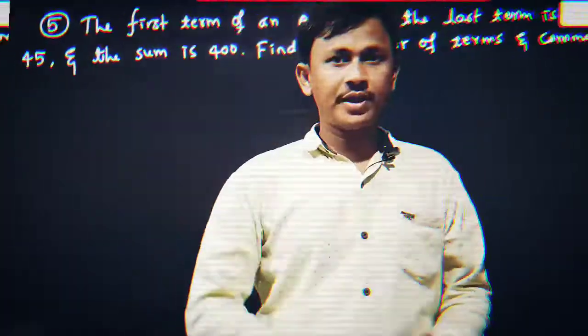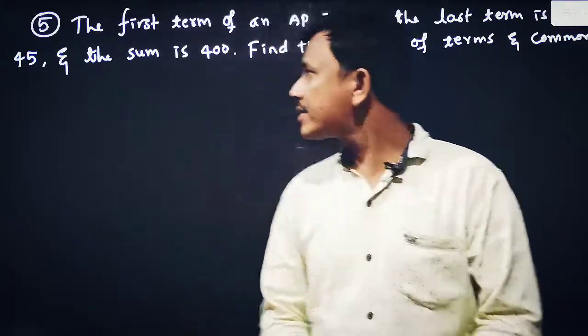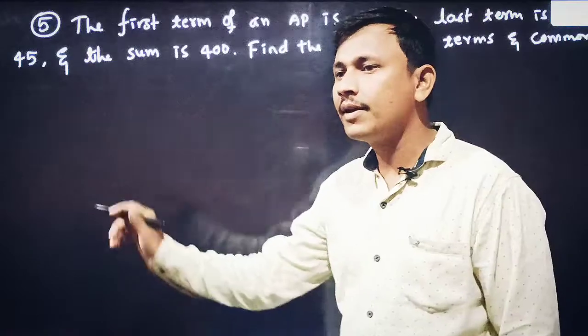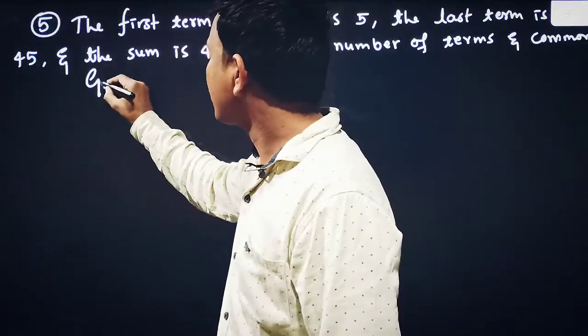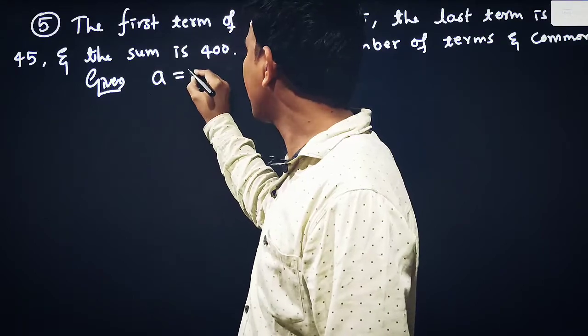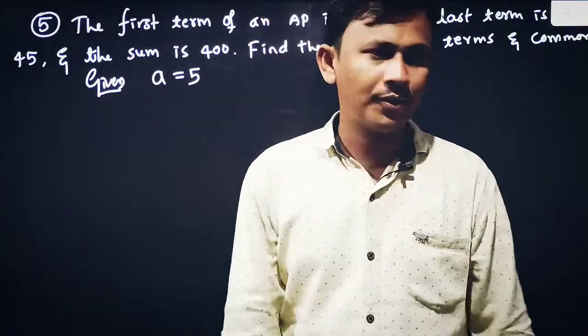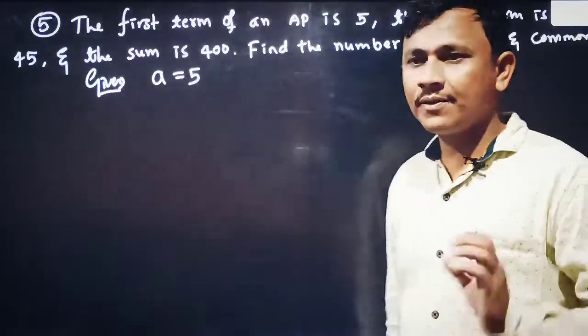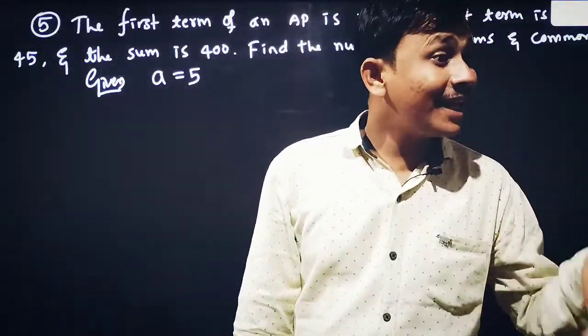Check it out. Question, important question. The question is: the first term of an AP is 5. What is the first term? 5. Correct. Given. What is first term? A. A is equal to 5. Correct. Next, and the last term is 45. Last term is an.